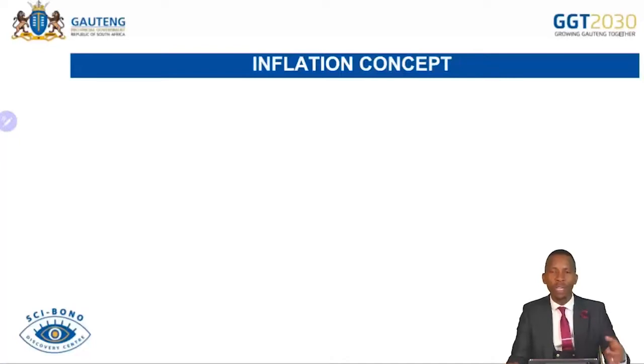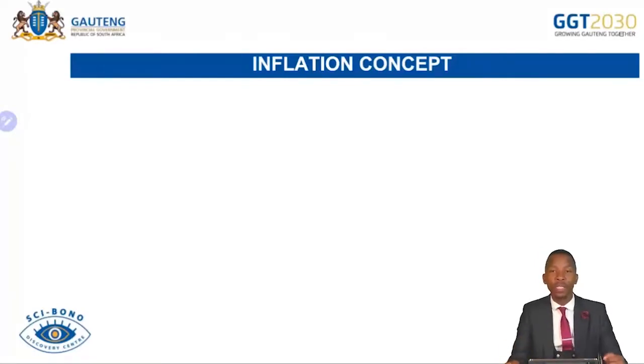Because of that, we have inflation targeting that was established in South Africa, which is between 3 to 6%, meaning the inflation rate should not increase above 6% and should not decrease below 3%. We call that the inflation target in South Africa. Currently, our inflation rate is 7.4%, meaning it is above the target.